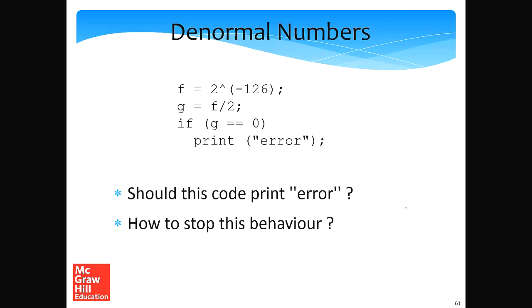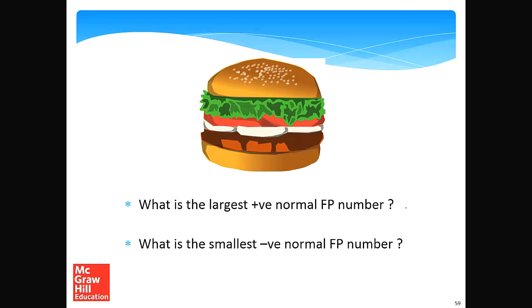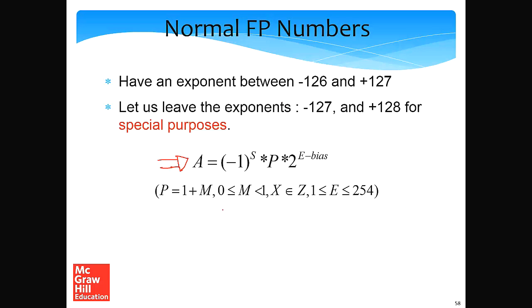But before going to denormal numbers, I just wanted to give an example of how we would represent a floating point number. Let's consider a number of the form minus 3. So minus 3, the first thing would be to reduce it to standard form, or a normal form, which is minus 1 to the power 1 multiplied with 1.5 multiplied with 2 to the power 1.